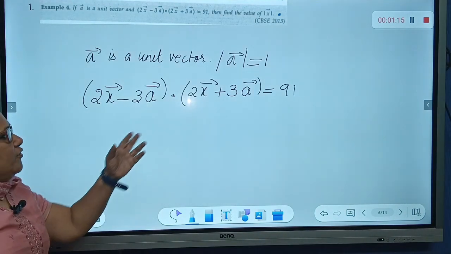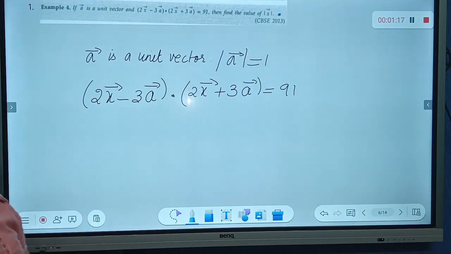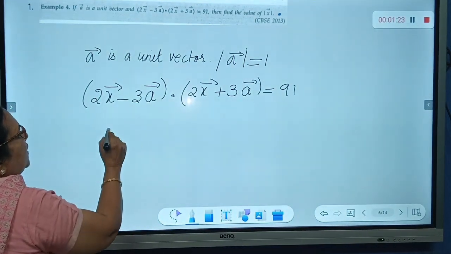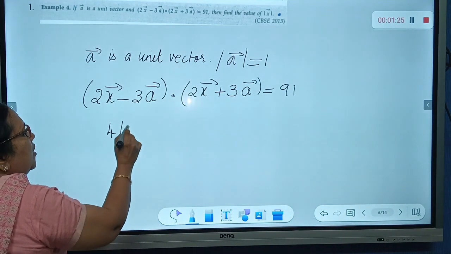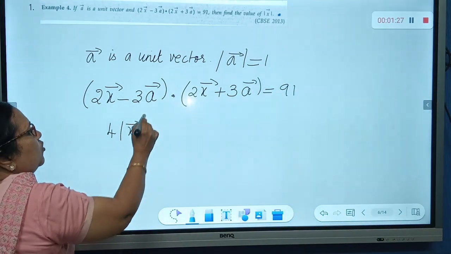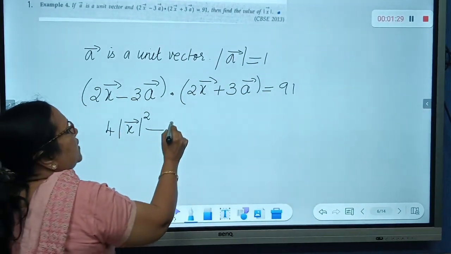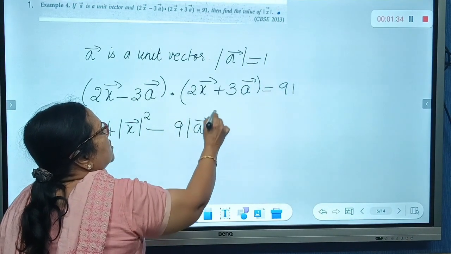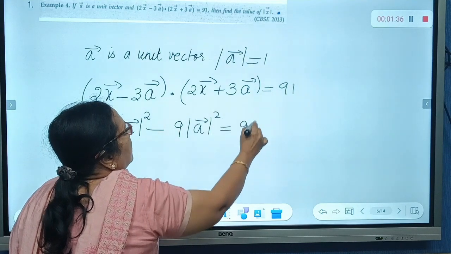The property of (a plus b)(a minus b) can be used for simplification. This is nothing but 4 times modulus of x vector the whole square minus 9 times modulus of a vector the whole square equal to 91.